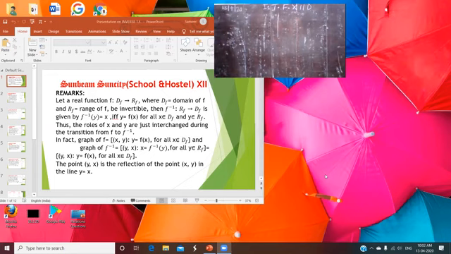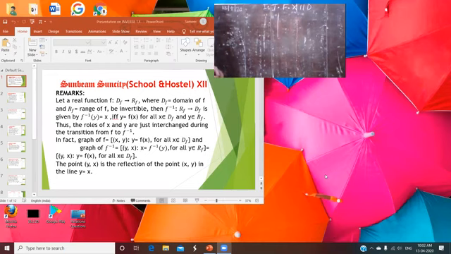You already know that if a function is bijective, then it is invertible. Bijective means it is one-one and onto. In case of one-one, you know the condition.